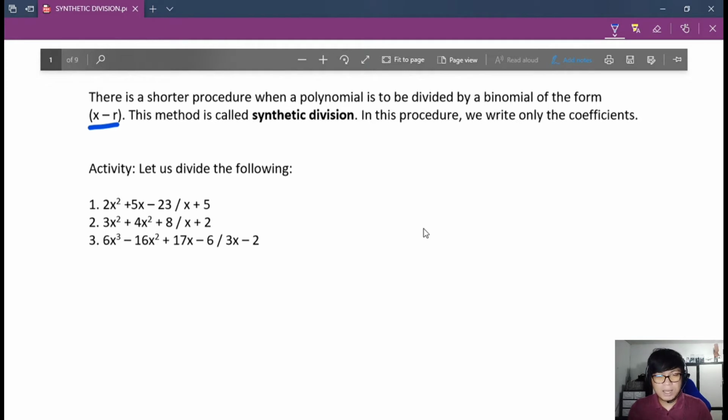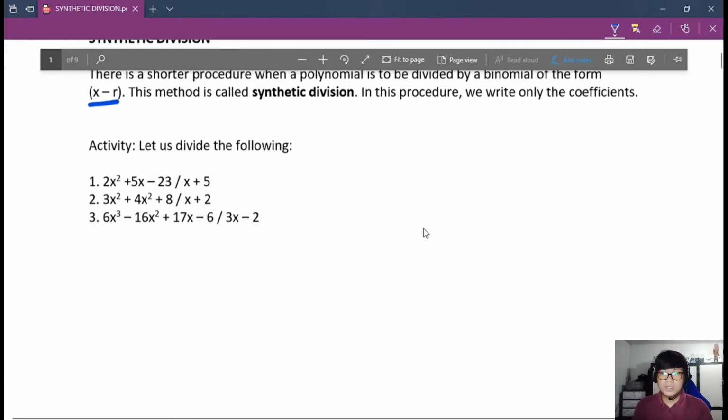So number 1 is na-arrange siya, so walang missing term, so kokopyahin na lang natin siya. So ang mangyayari, we only write the coefficients. When we say coefficients, ito yung mga numbers, mga real numbers. So ang coefficients dito sa number 1 are 2, 5, and negative 23.